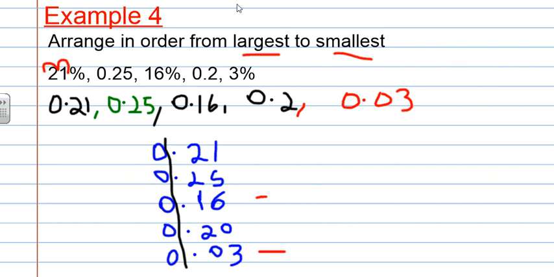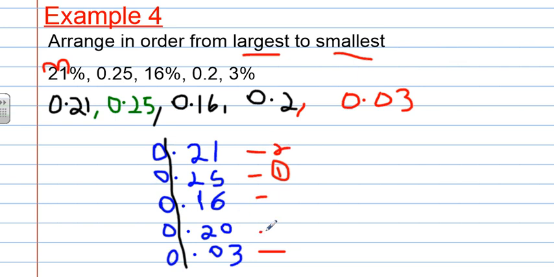Largest. So it's important that you read the question, especially in your GCSE exam. Make sure you read the question. So largest to smallest. We're going to start with the largest. So the largest here is this, because it's got 25 at the end. So take it as 1. And then the next one will be that.